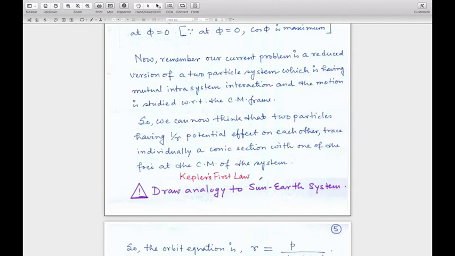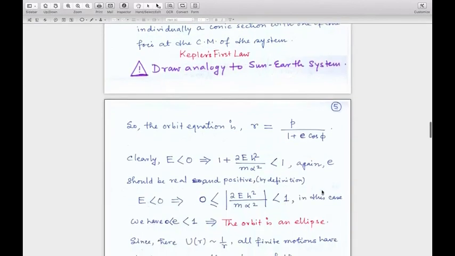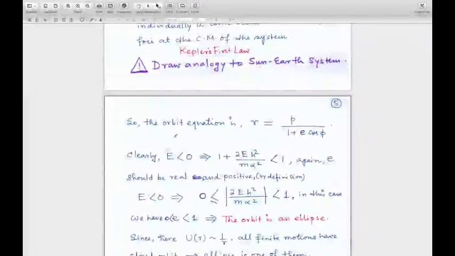That is the thing. So you can now draw an analogy to the Sun-Earth system, for example. Again, have a look at the orbit equation, which is given as r is equal to p by 1 plus e times cos phi. This is the equation of a conic section.